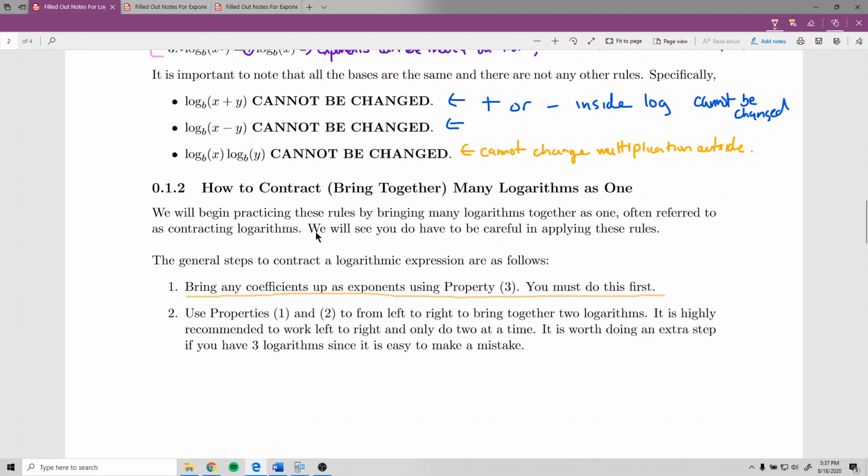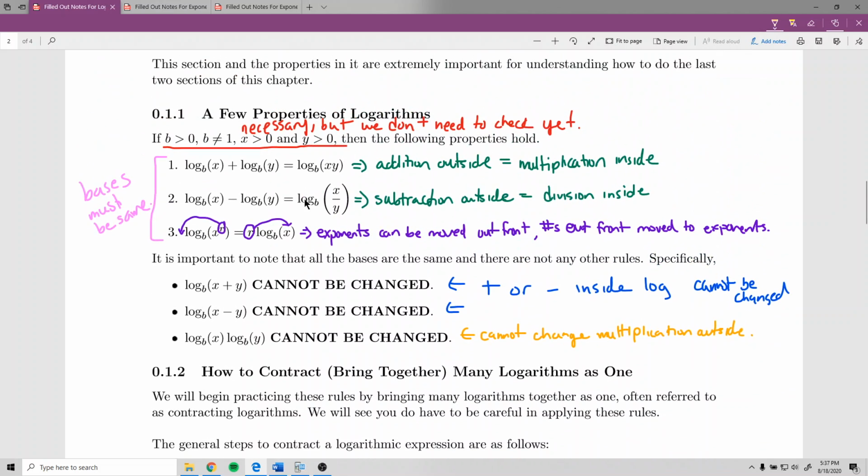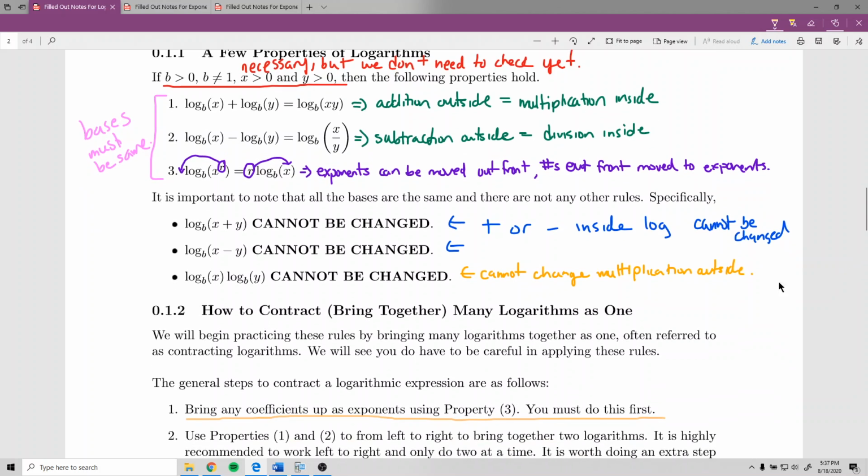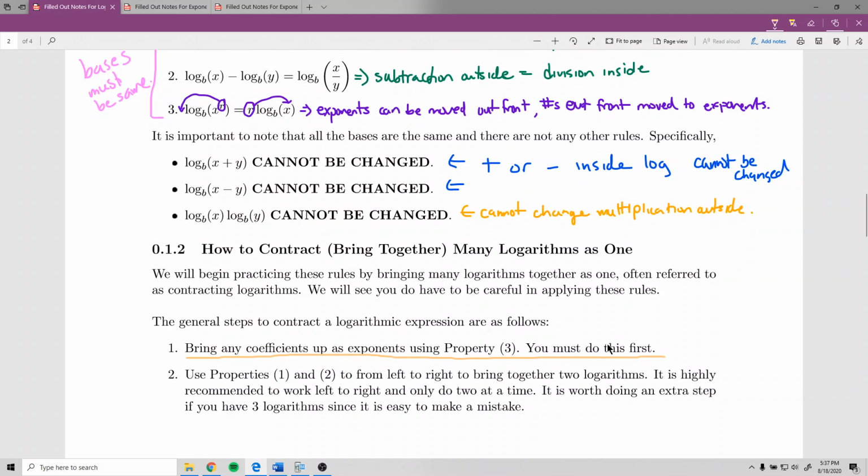You must do this first. So in order to bring them together, in order to use rules 1 and 2, you cannot have a number outside as you see the way the rules are written. What that means is in the problems here, if we have a number out front, we must move it to the exponent. And like I said, you must do this first.